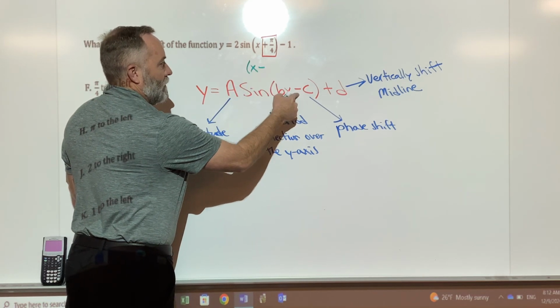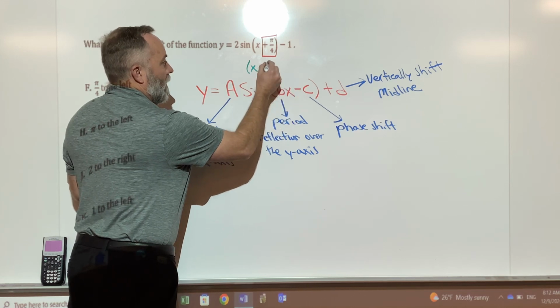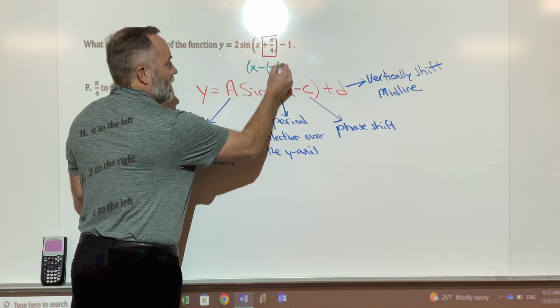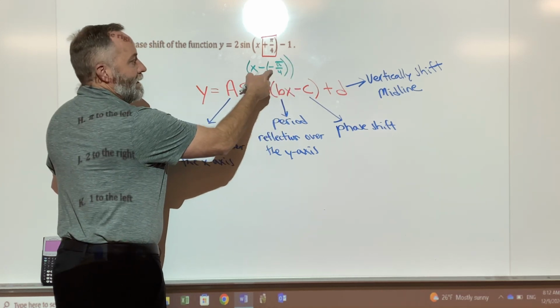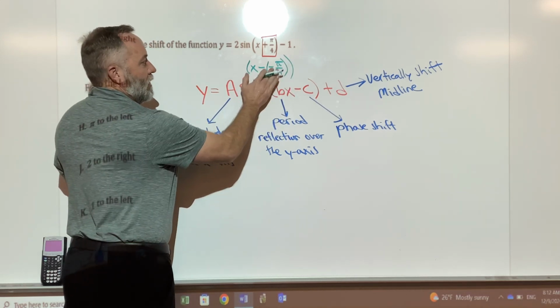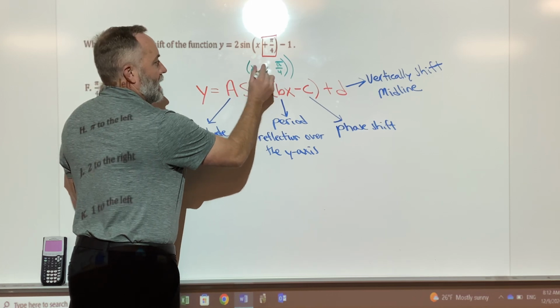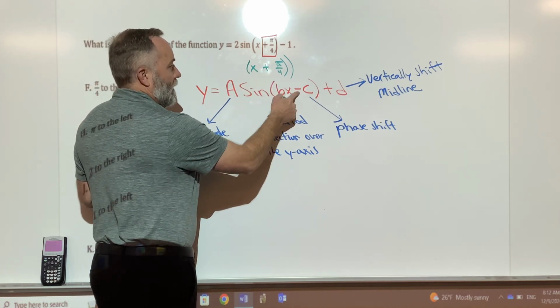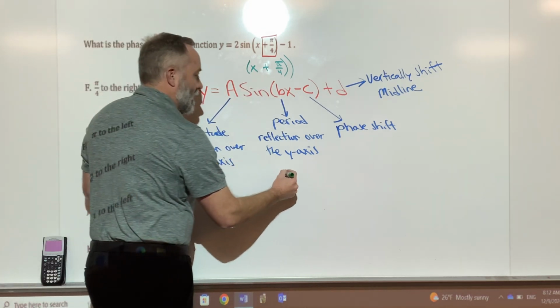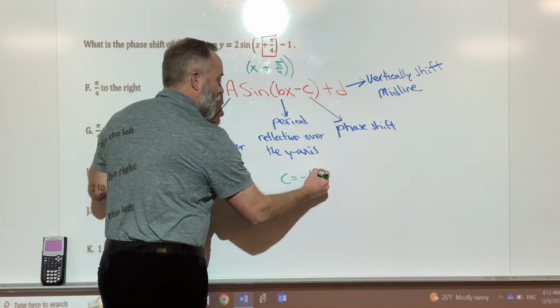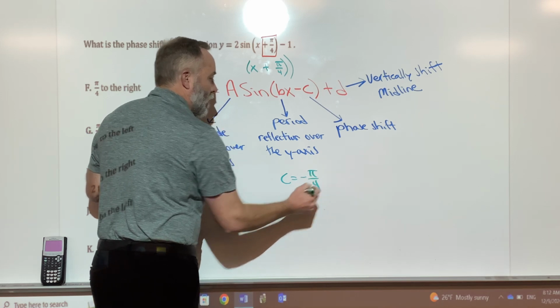X minus, from the formula, and then I'll put in parentheses minus pi fourths, and minus that minus is going to change that to plus. That's how this negative turned into a positive. So the value for C is equal to negative pi fourths.